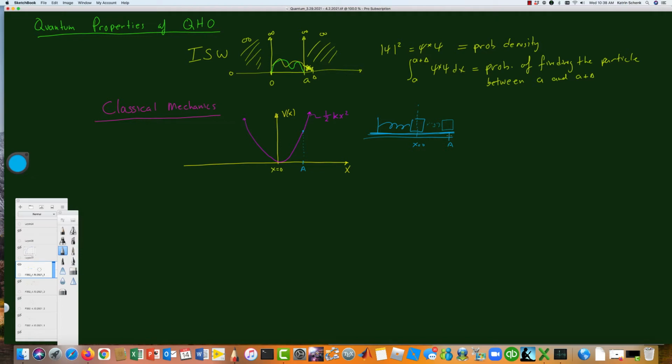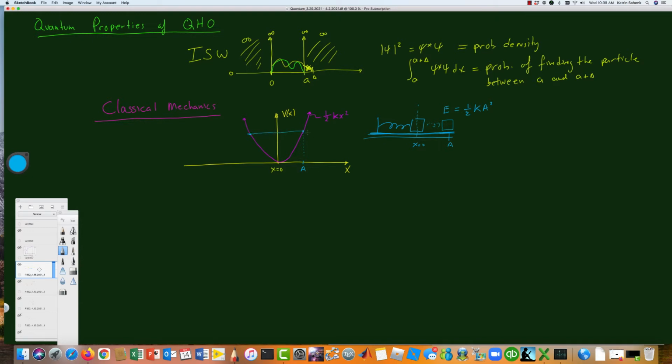When I pulled it out at A, the total energy is equal to 1/2 kA squared, because x is equal to A out here. This total energy is never going to change. We have no friction, just like in the quantum harmonic oscillator. So this energy we can represent by a straight line across, like this.